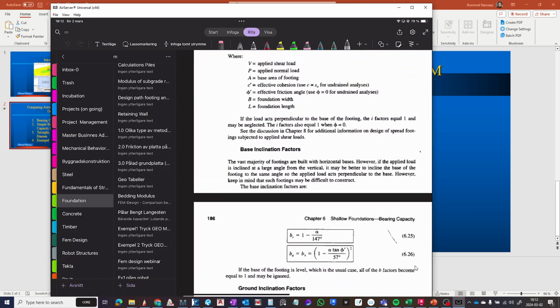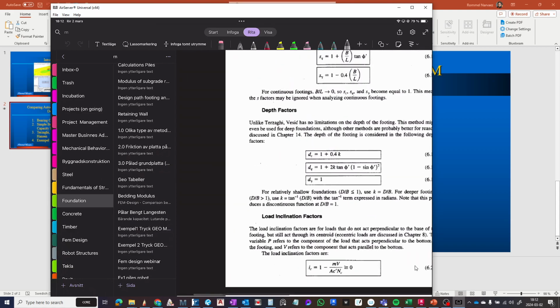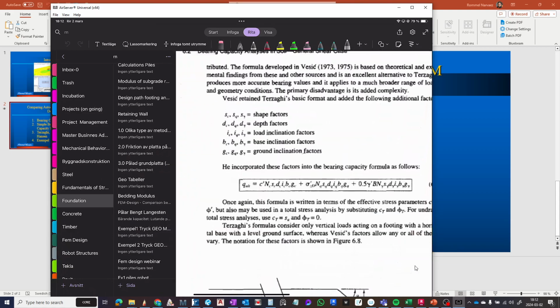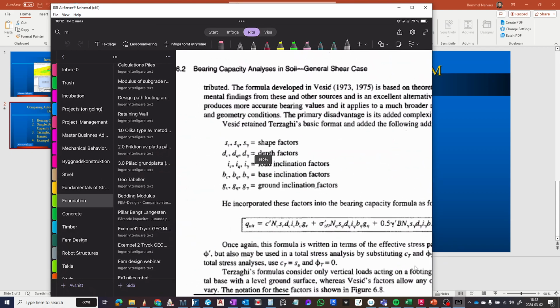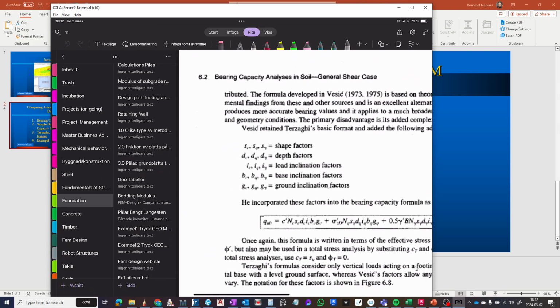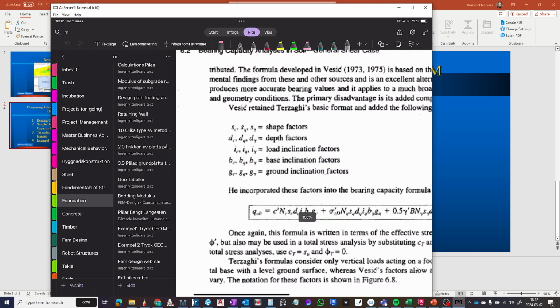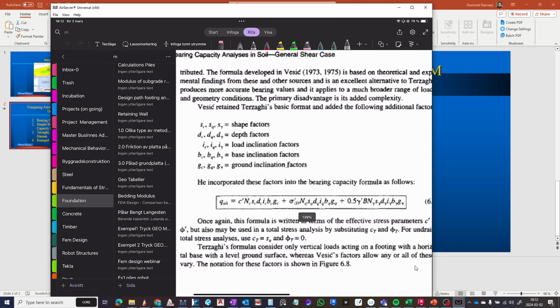So the formula that we are going to use, as you saw before, is this one: shape factors, depth factors, load inclination factors, base inclination factors, ground inclination factors. All of this gives us the bearing capacity of this soil.